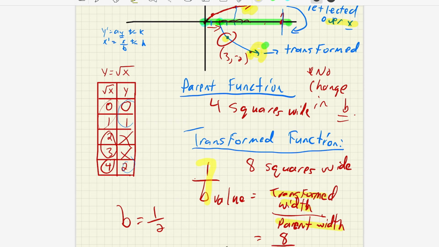And that's the 1 over b value. Okay? And so then whatever value I get here, and I know I put b there, but it should be really 1 over b. If I want to get the b value, I just flip it like this. Again, this is only if we can see, after we've done everything else, that there is a horizontal stretch or compression.